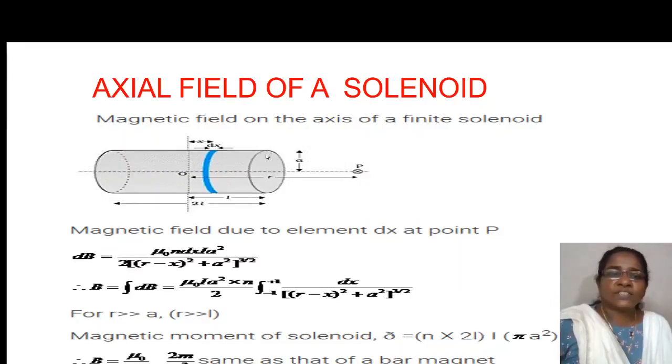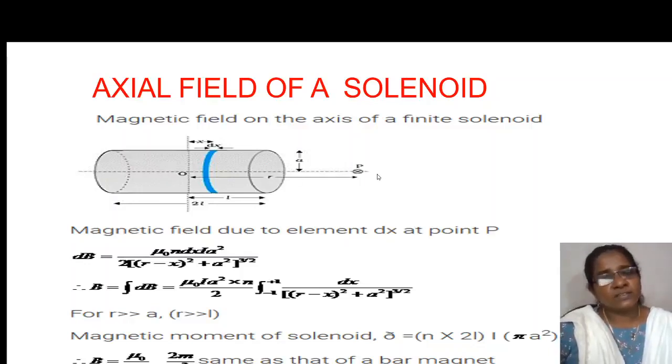Now, the area of cross section will be pi a square. Now, we will be calculating the intensity of magnetic field at this point P due to this section of the solenoid. That is, we will divide this entire solenoid into small sections of equal thickness dx, find the intensity at P due to all these elements as dB, then we will add together to find the total intensity, and that process is known as integration.